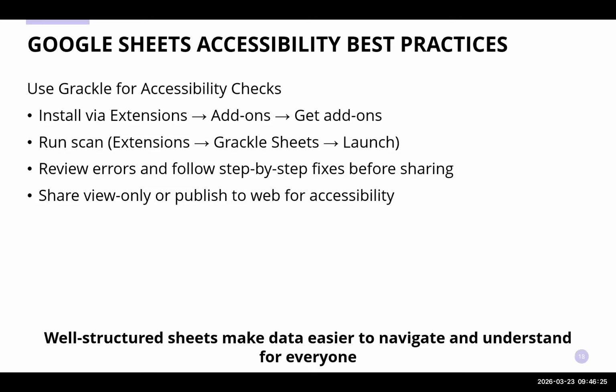So using accessibility tools like Grackle would definitely help you catch issues earlier and make your Google Sheets much more accessible in the beginning step itself. Now, even if the platform is different, the principles of accessibility, clear structure, descriptive labels, and thoughtful design apply just the same here as well. Next slide, please.